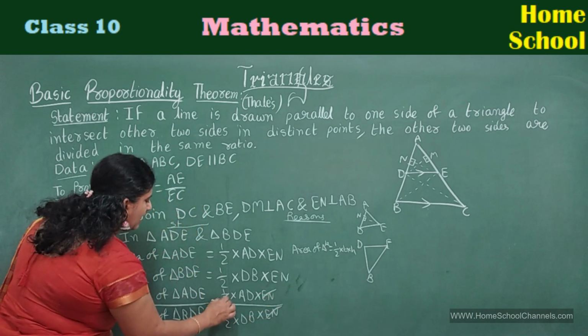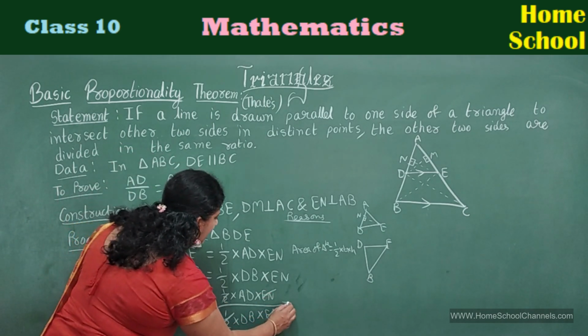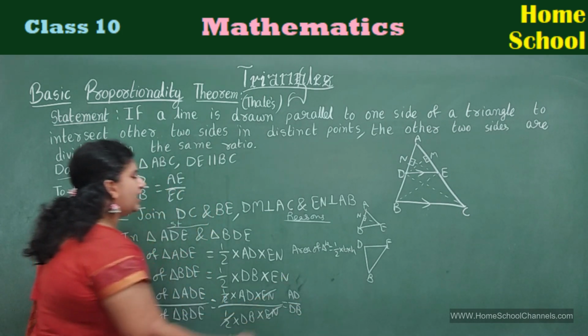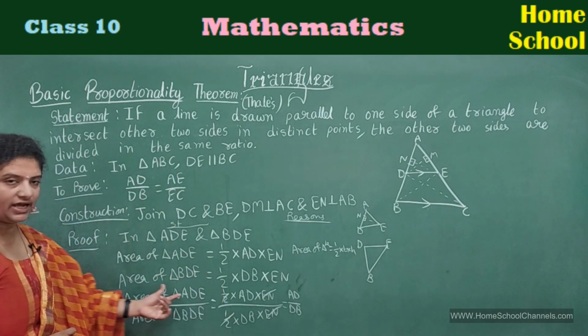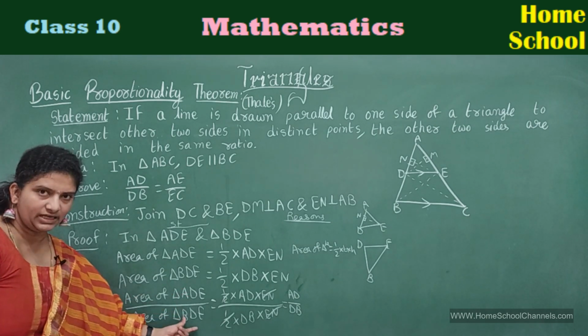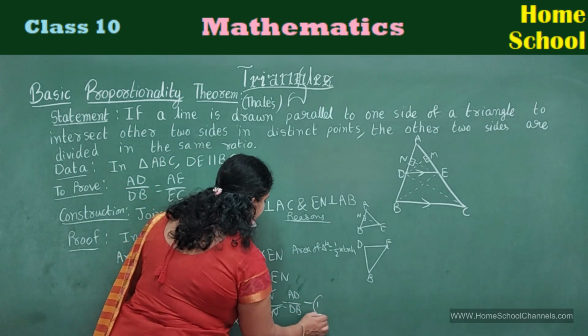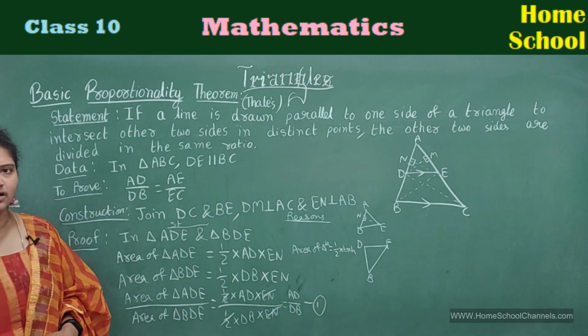EN cancel, half cancel, you are left with AD by DB. You are left with area of triangle ADE by area of triangle BDE is equal to AD by DB. Mark it first equation. Okay.